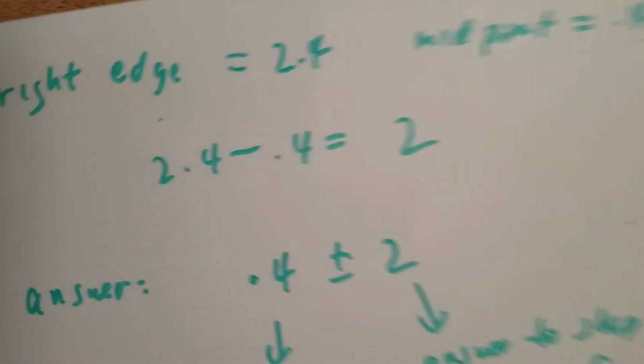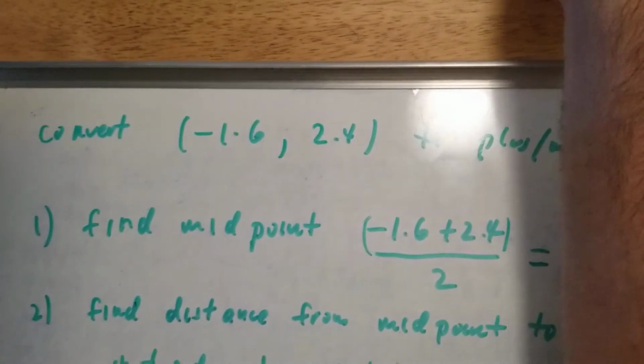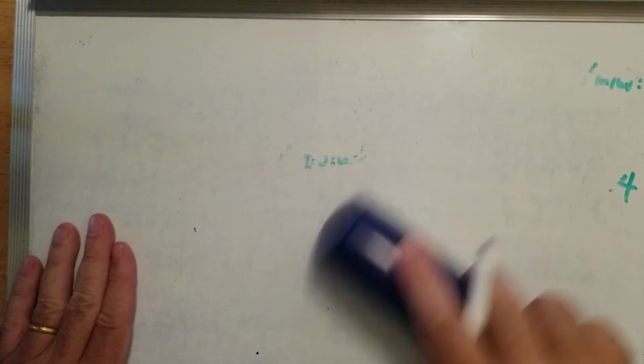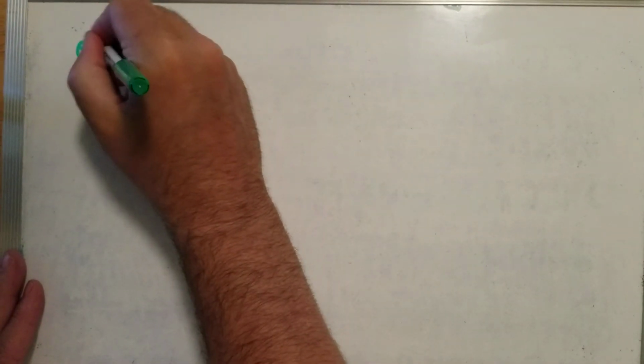There's one more kind of example in this homework, and that's going the other way. So here's the last example for this homework. Is going the other way.